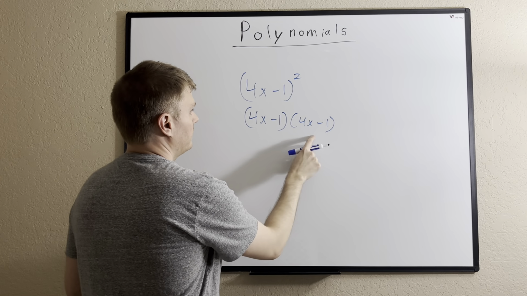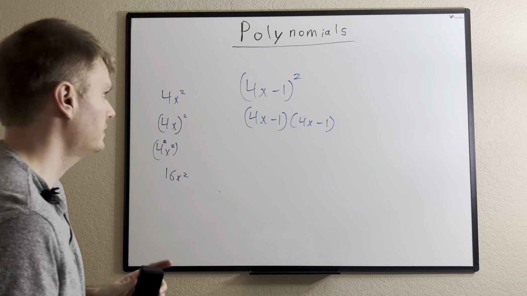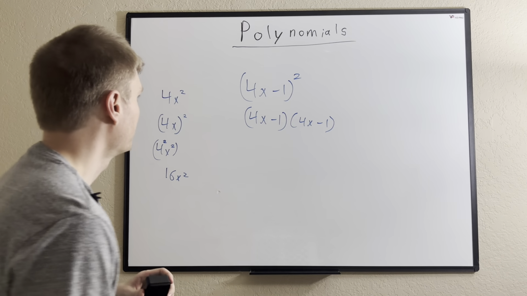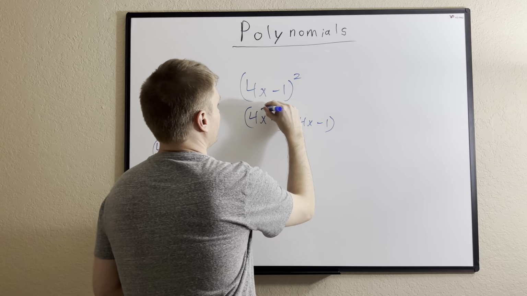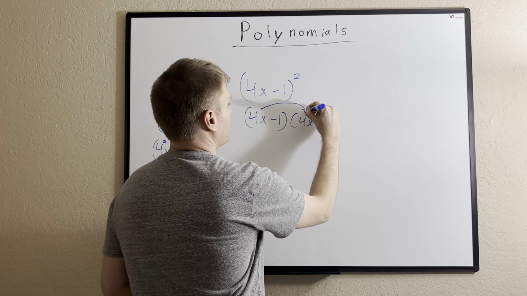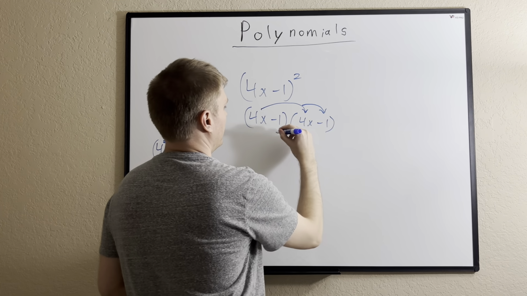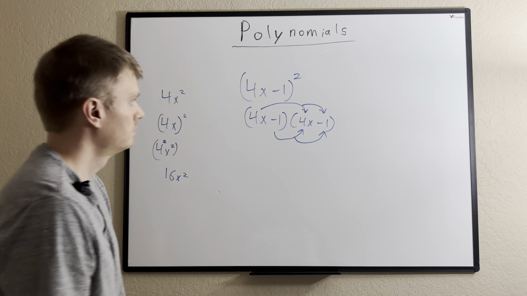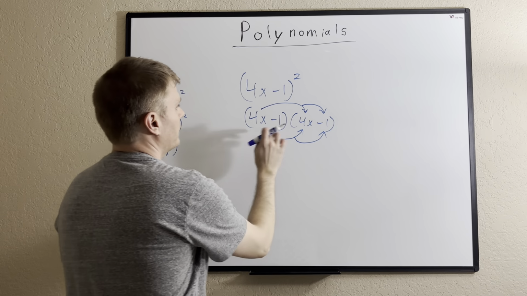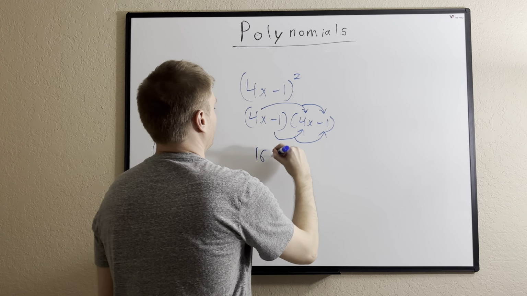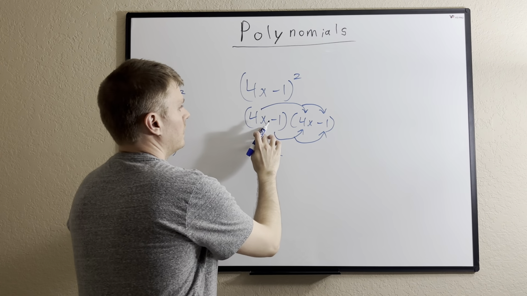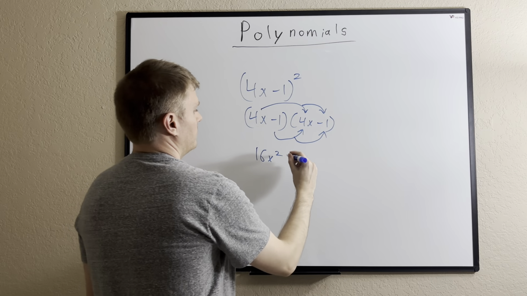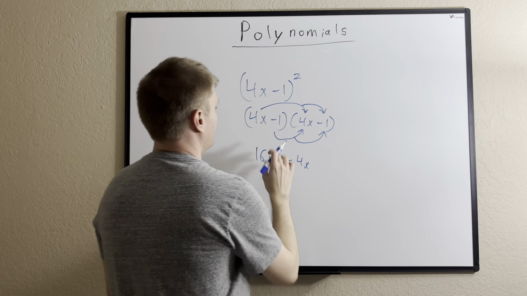So now we have two binomials like we just did a few minutes ago. 4x times 4x, first, outside, inside, last, FOIL. That's easy. 4x times 4x, 16x squared. 4x times negative 1, minus 4x.